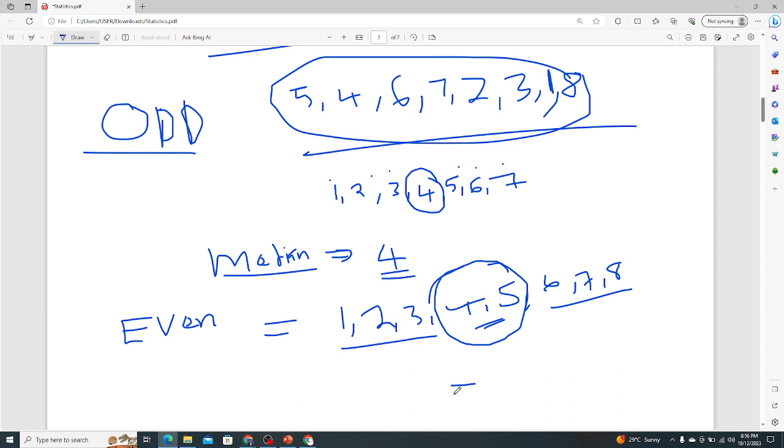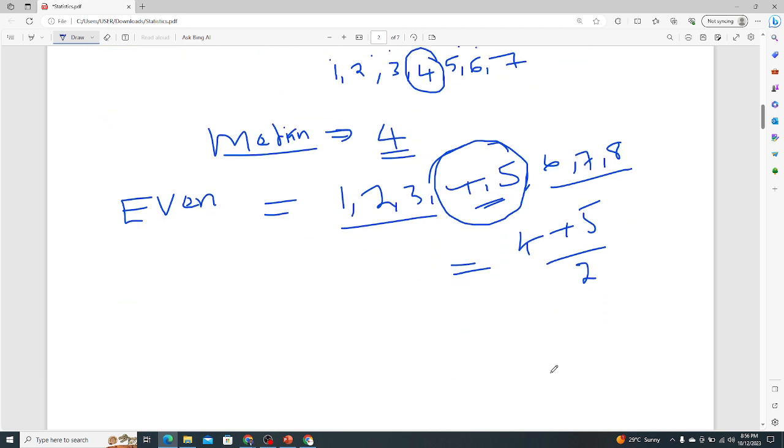So the median will be 4 plus 5 divided by 2, which will be 4.5, because it is 9 divided by 2. That's all about median.